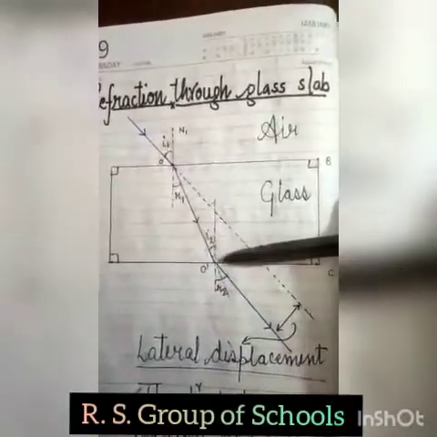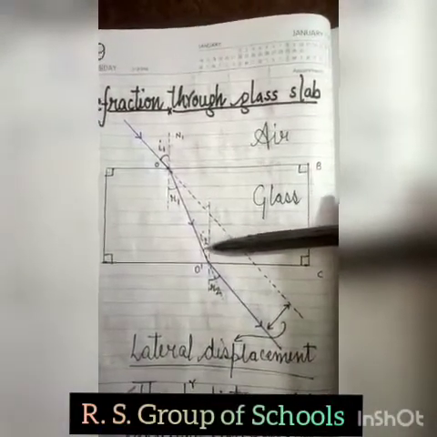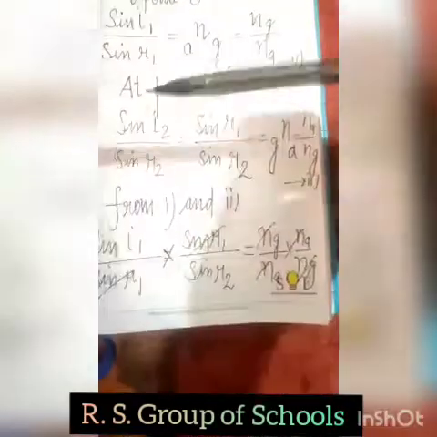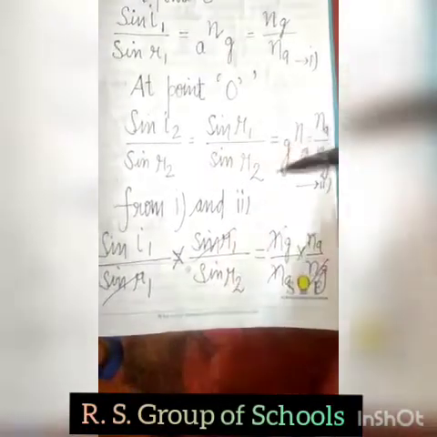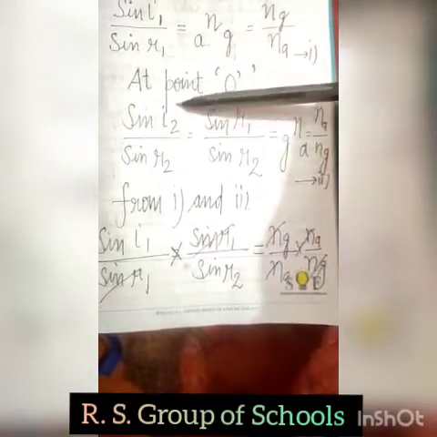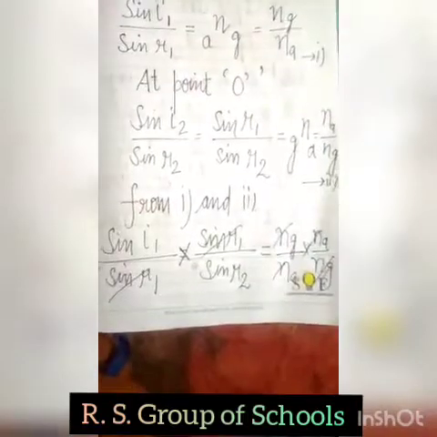Now we will apply Snell's law at point O dash, where angle of incidence is I2 and angle of refraction is R2. Means sine I2 upon sine R2 equal to gNa, and gNa equals Na upon Ng. Here we have replaced I2 by R1. Why?